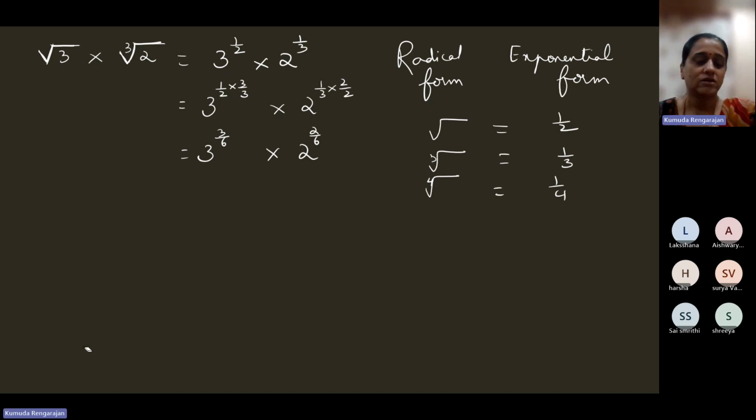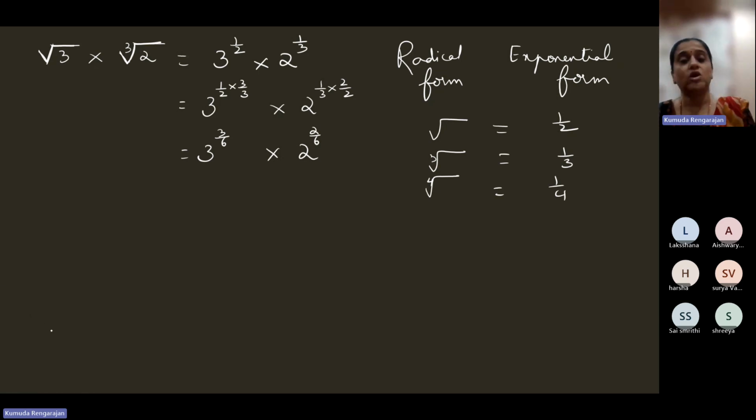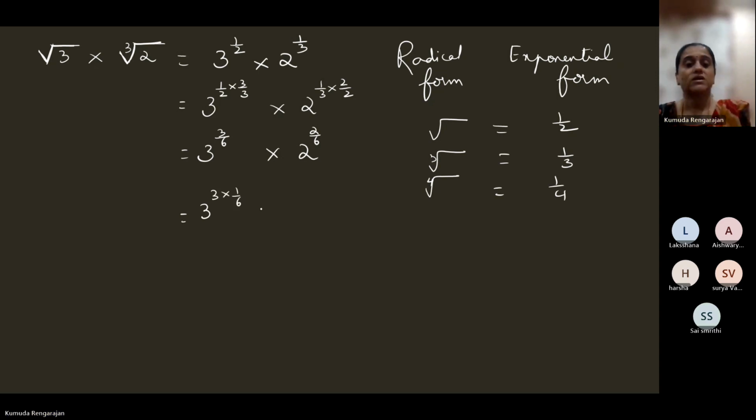LCM is 6. So bring both the fractions, both the powers 1 by 2 and 1 by 3, to denominator 6. Now write 3 by 6 as 3 into 1 by 6, and write the power 2 by 6 as 2 into 1 by 6.